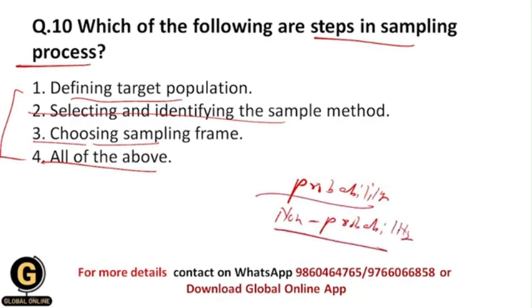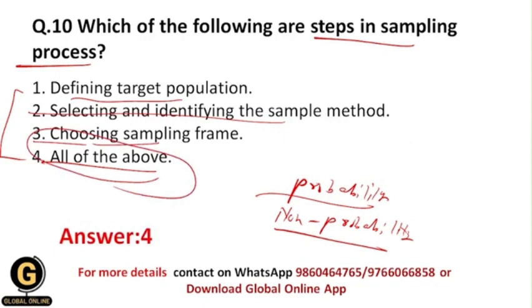We are going to see these things in the next part of this video, so don't worry. And as well we need to choose the sampling frame that I have told you earlier, right, which includes what? Sampling frame basically includes all the participants which are selected for the study. Okay, and that's why all of these are the steps in sampling process. So that's why your correct answer should be over here 4.